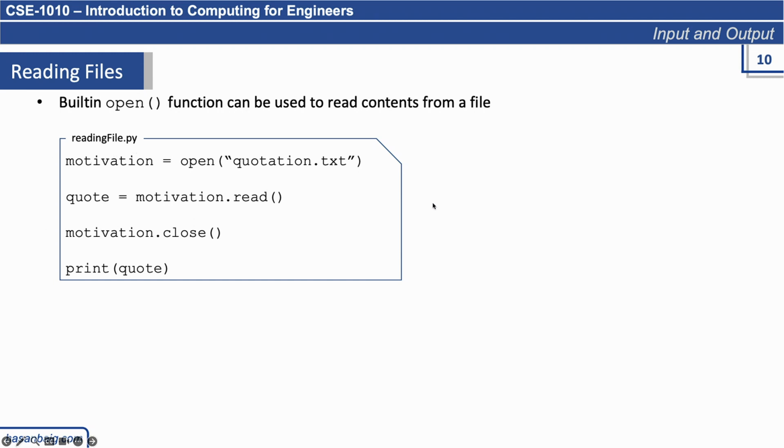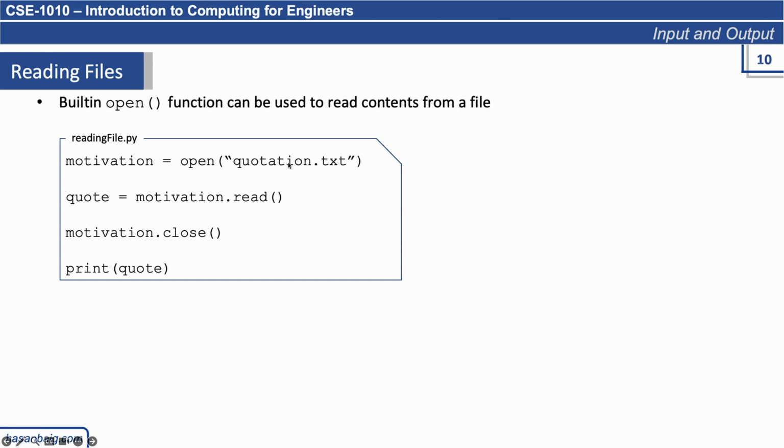This is important. If the file that you are trying to read is not placed in the same directory where your program is placed, then you have to specify the full path of the file. If it's in another directory, just specify the full path. Once you open the file, it first of all creates an object.